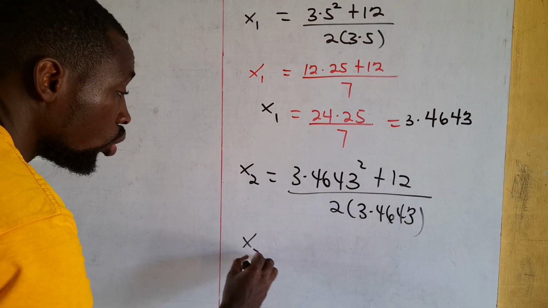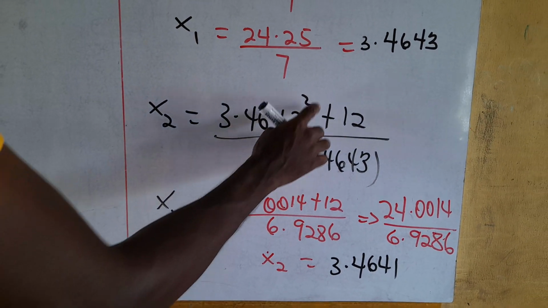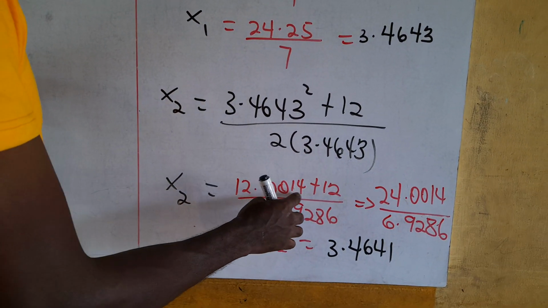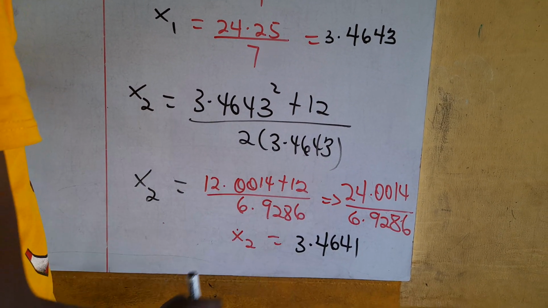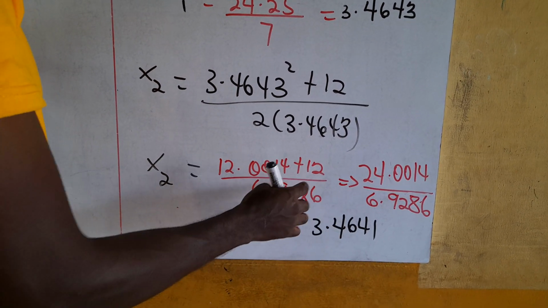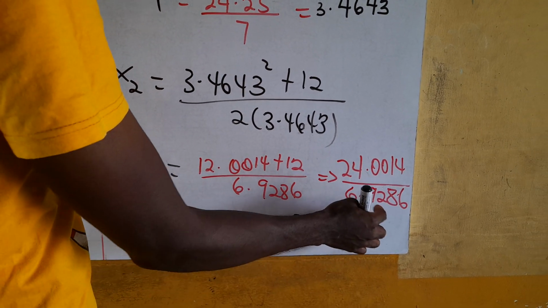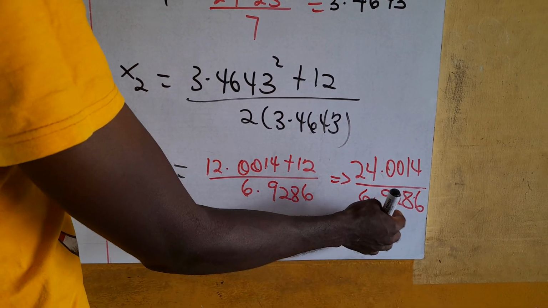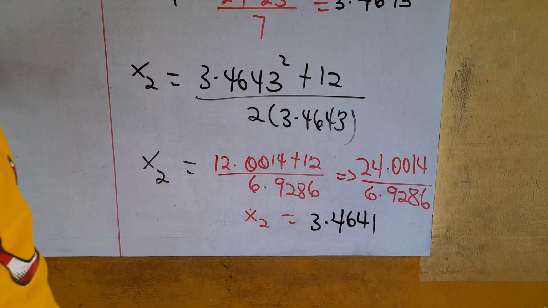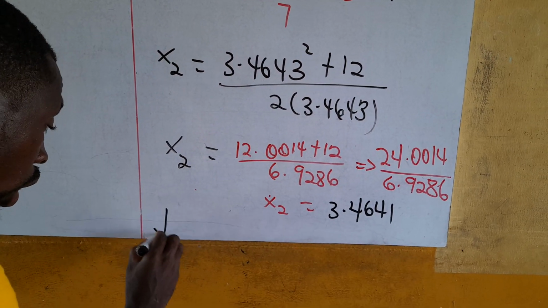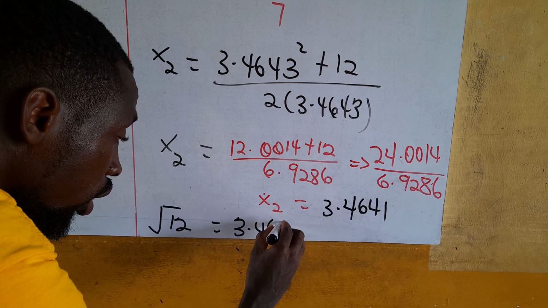So our x2 will be equal to, 3.4643 squared will give us 12.0014, then plus our 12. 2 times 3.4643 will give us 6.9286. When we add 12 to that, we're getting 24.0014 over the 6.9286. When we divide 24.0014 by 6.9286, we'll get 3.464. Then we can say the square root of 12 is actually equal to 3.4641.